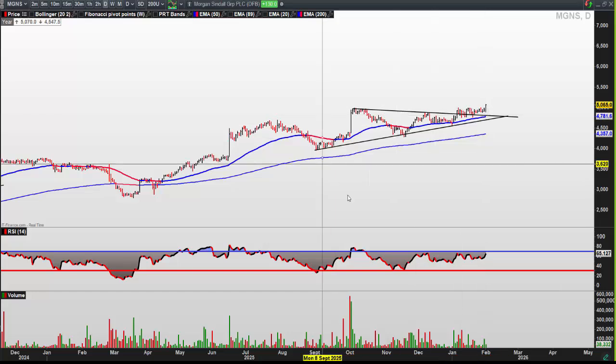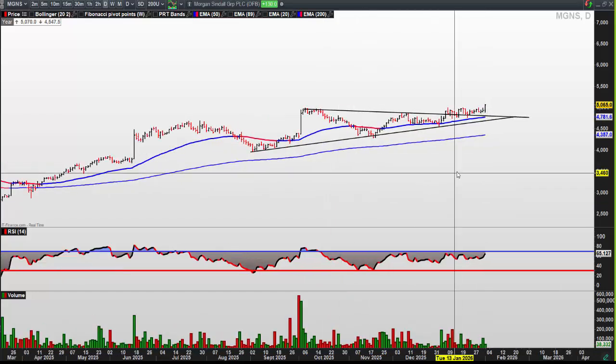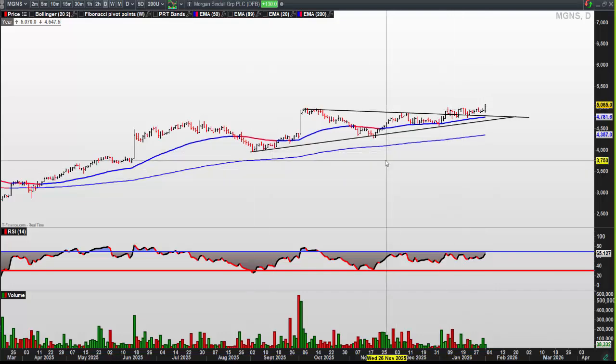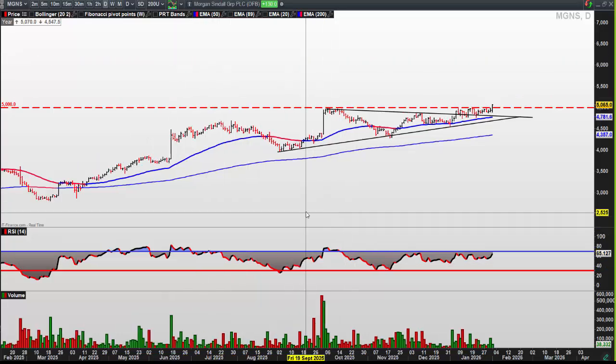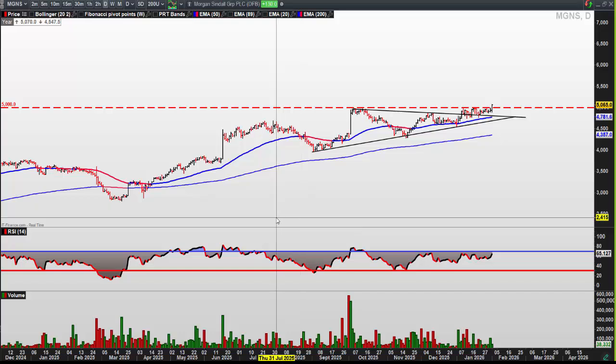Volume appears to be picking up, so we're coming up on volume. Made a new all-time high. As long as we don't close underneath 50 again, it looks good.